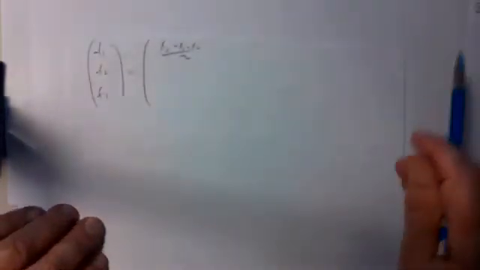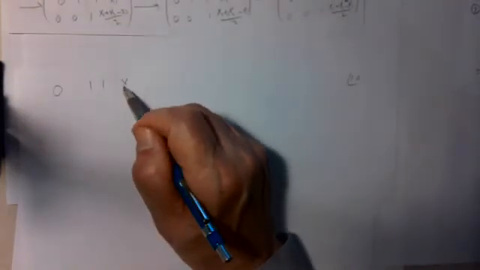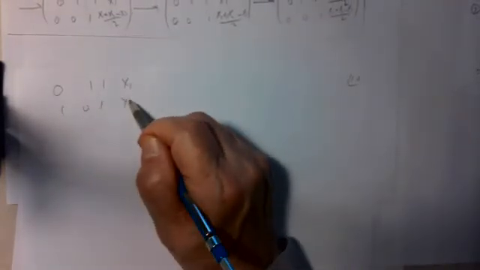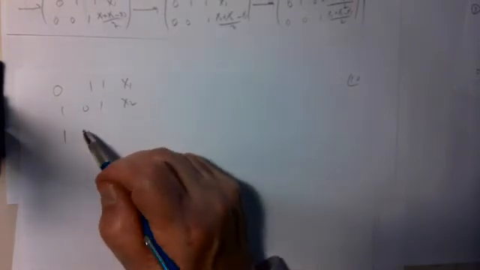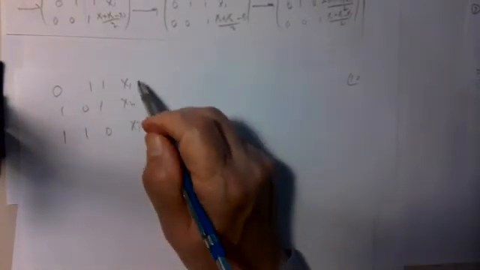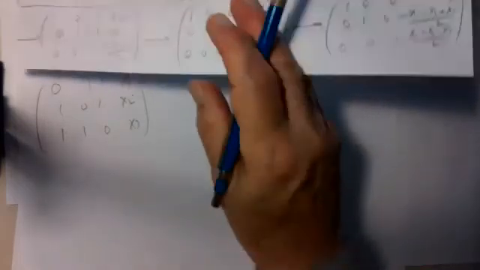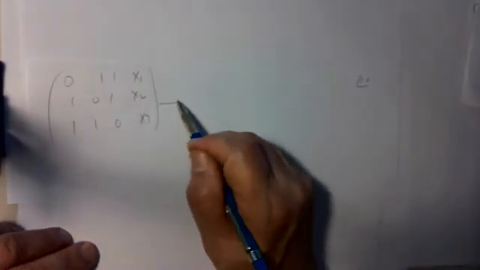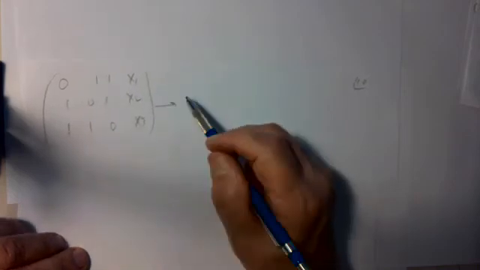So this gives us, when we look at the augmented matrix, 0, 1, 1, x1, 1, 0, 1, x2, 1, 1, 0, x3. And we need to row reduce this matrix. So I interchange the first and the second rows.